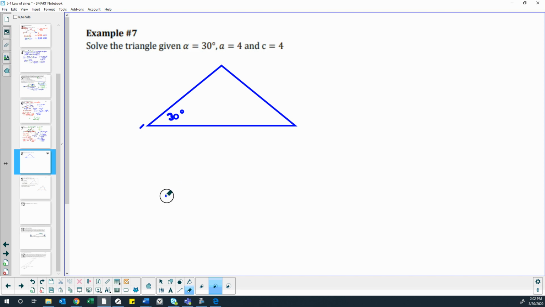And our side lengths are 4 and 4. Oh, they're the same length. Or if this one were bigger, we're going to have the same issue.